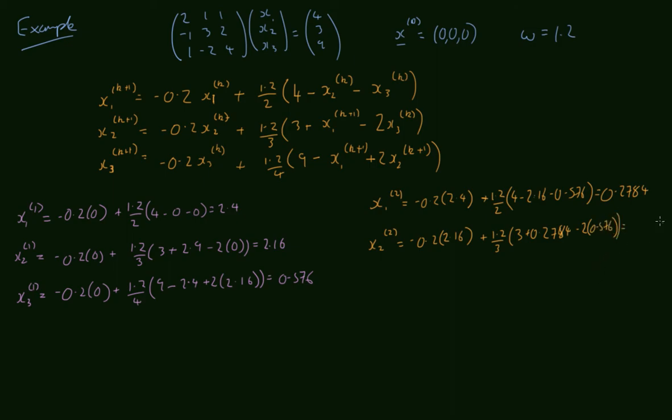Okay, and that equals 0.4186. And x3 is minus 0.2 times 0.576 plus 1.2 over 4, 9 minus x1, which is 0.2784, plus 2 lots of x2, which is 0.4186.